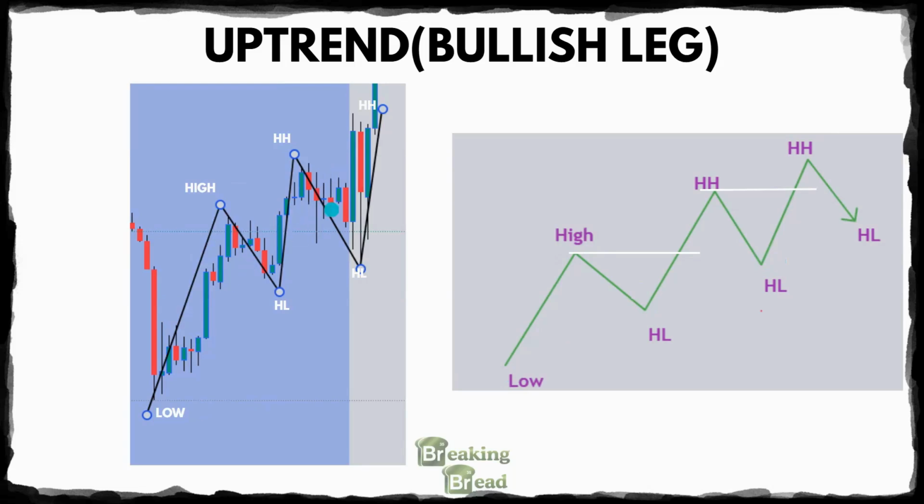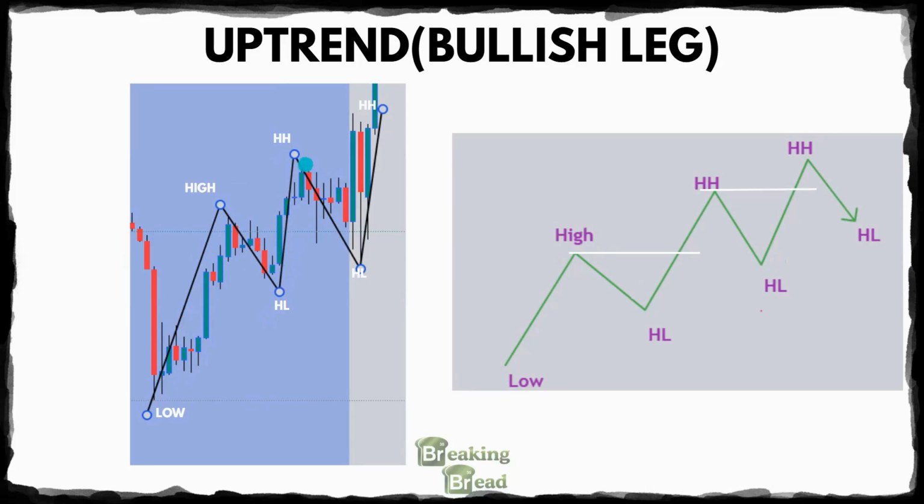So on a real chart here, you see that a low was put in, it started making its way up. We put in a high, we came back down, we put in a higher low, meaning this low is higher than the low that was put in down here. Then price pushed back up. We put in a new high, so that's a higher high. That's what the HH stands for, higher high, right?